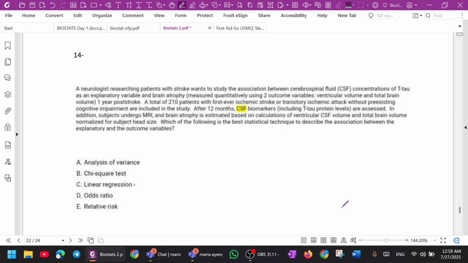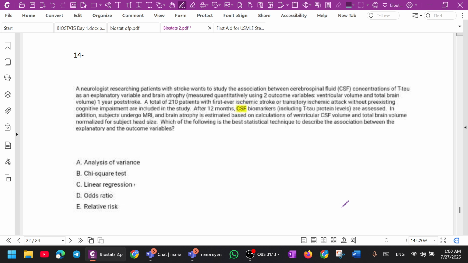What are they asking you? That's the thing I am looking for. What is the best statistical technique to describe the analysis? They are working with 210 patients with ischemic stroke or TIA without pre-existing cognitive impairment.